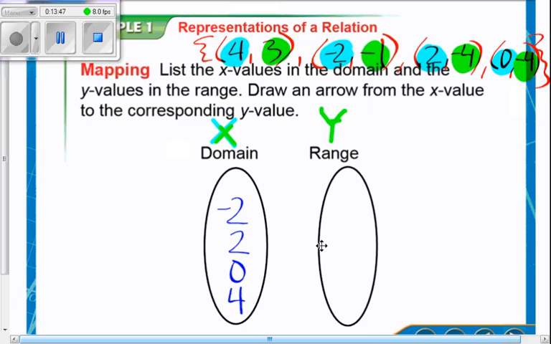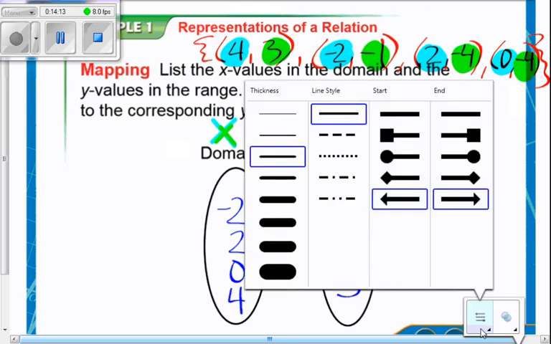Now with our range, our smallest one is -4. But notice that you have it twice. With mapping, we don't list it twice, we just have it one time. And then we have -1 and 3. Those were all my green ones. Those are all the y's. So now in order to be able to tell which one goes with which, I have to draw a little arrow, okay?